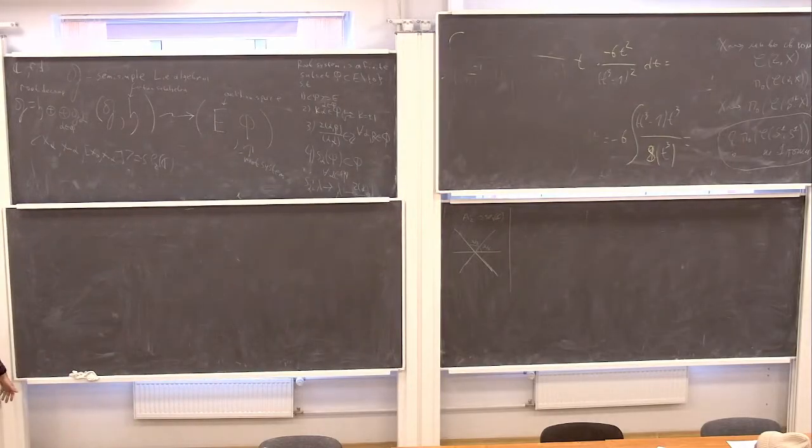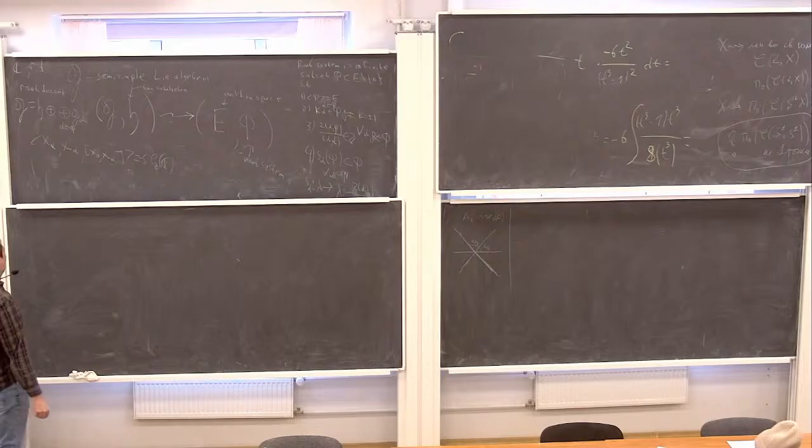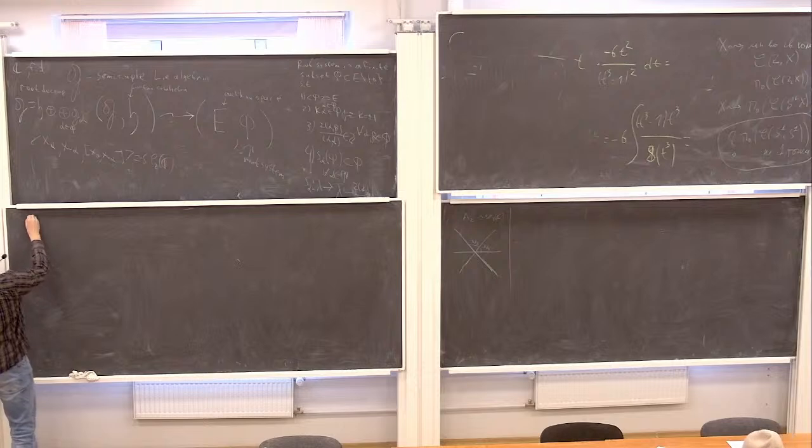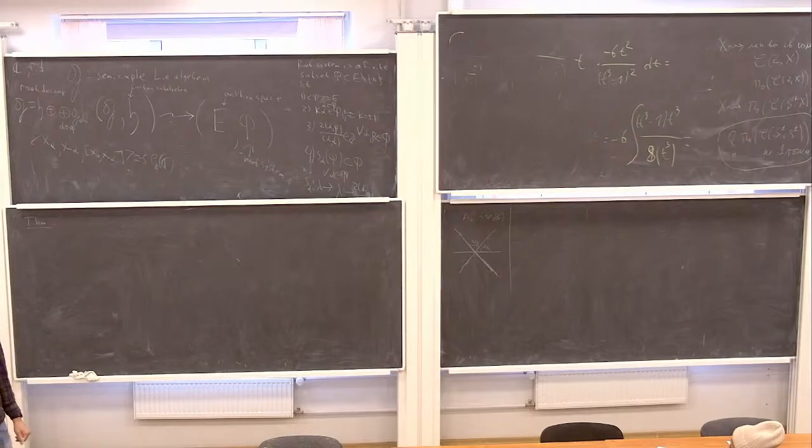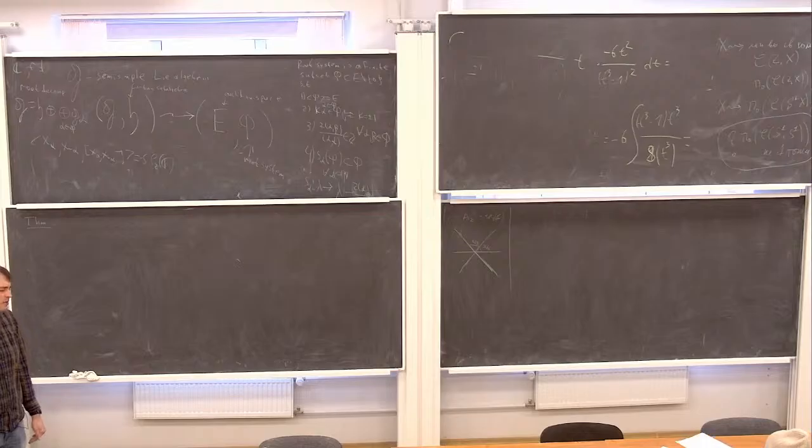Therefore, we want to prove today that every representation of a semi-simple algebra is completely reducible. Theorem: for any semi-simple algebra, we will prove it, not only for SL2, but for any.